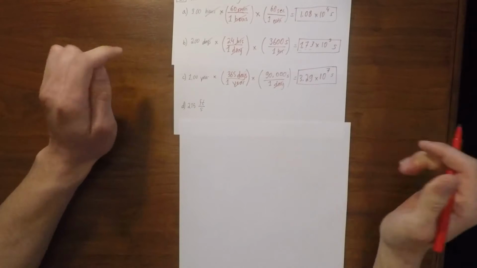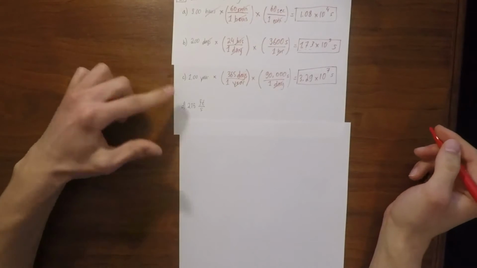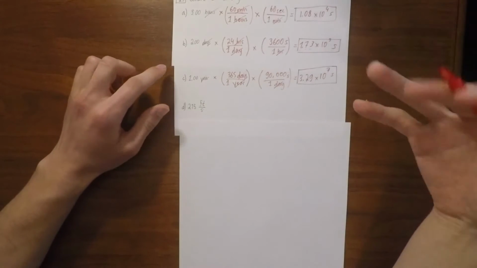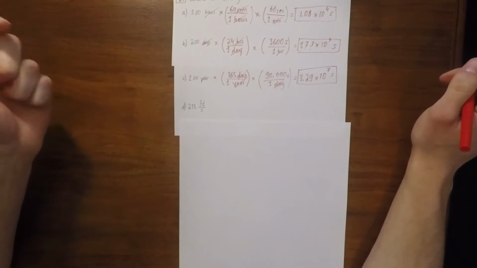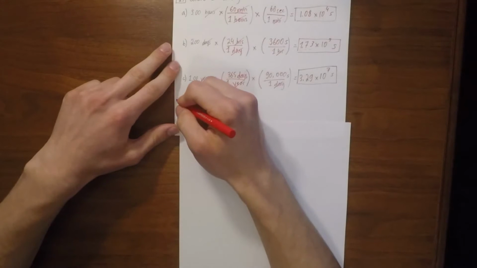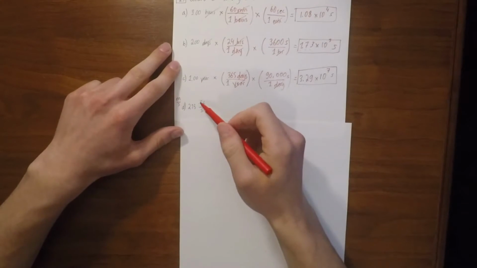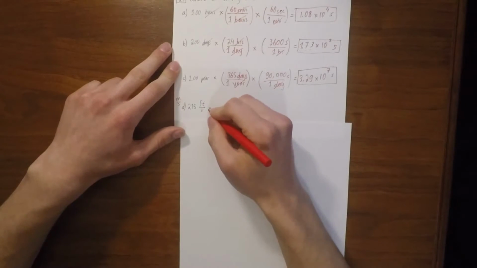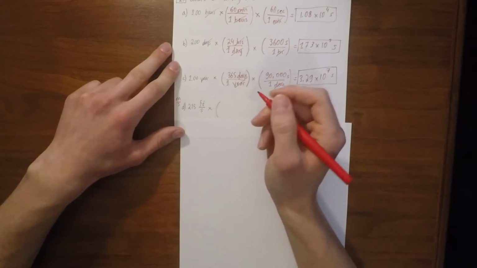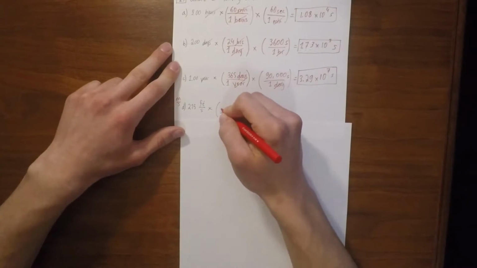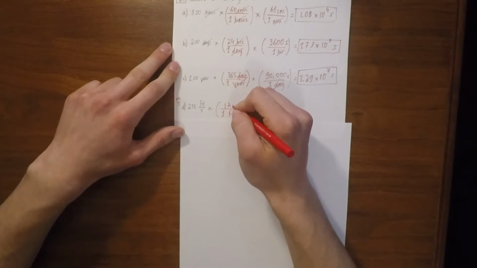D. Now this one might be a little bit more tricky than the ones we have been dealing with. We have to convert to SI units. The SI unit for speed is meters per second. So the second dimension is correct, but feet are not correct. So let's convert. 1 foot has 12 inches.